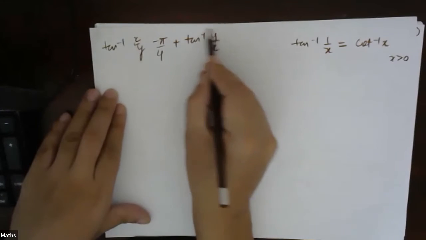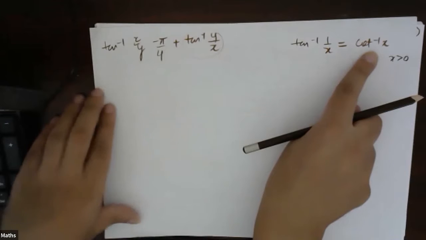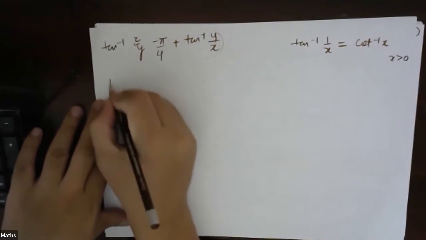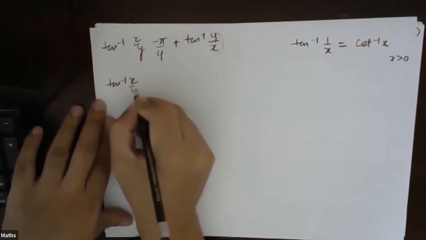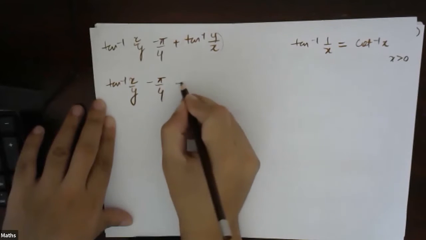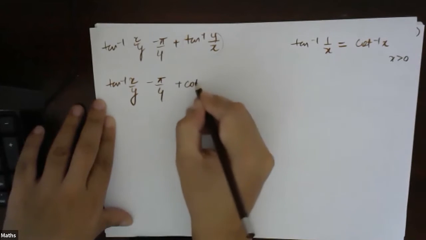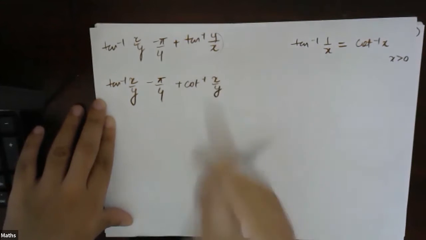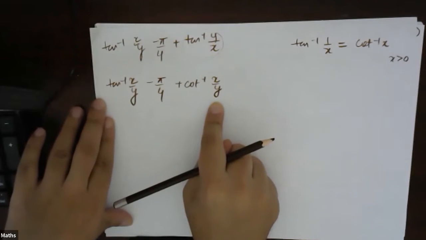So instead of tan inverse of y by x, I will simply substitute cot inverse of x by y. So this will become tan inverse of x by y minus pi by 4 plus cot inverse of x by y, right?